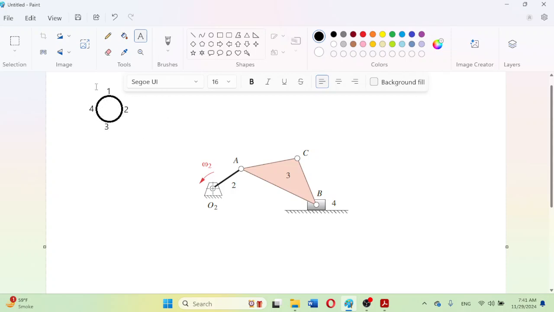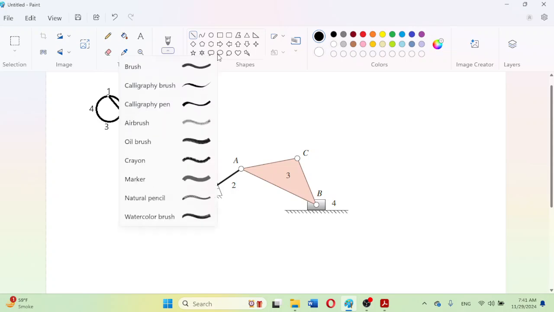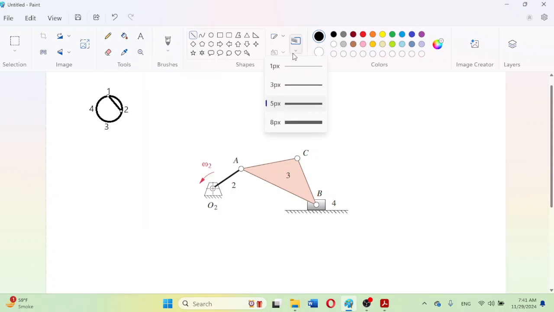Here, like this, and after that we will be connecting these points through straight lines, just like this. We can change its line weight. Here, for example, 3 pixels will be sufficient.